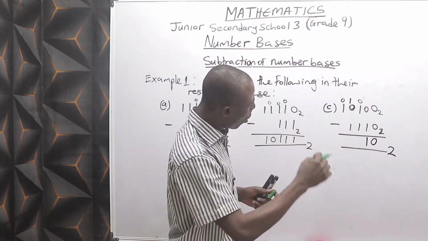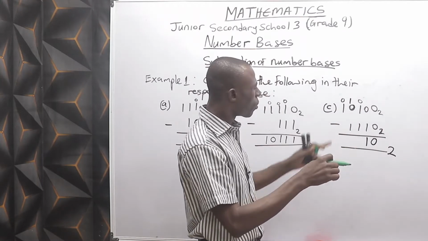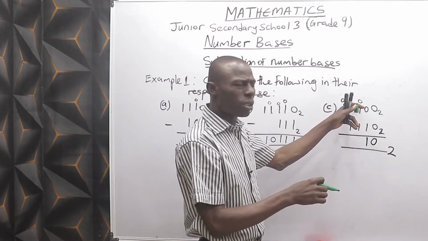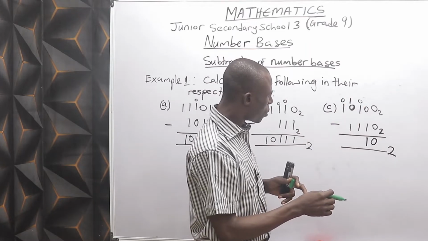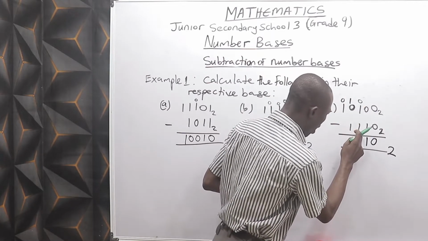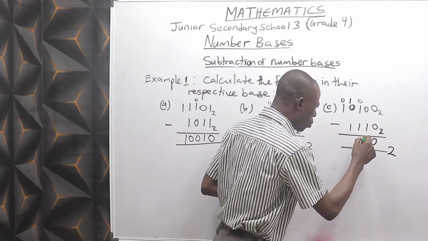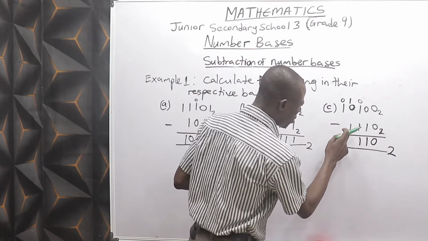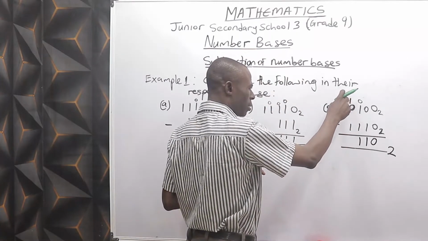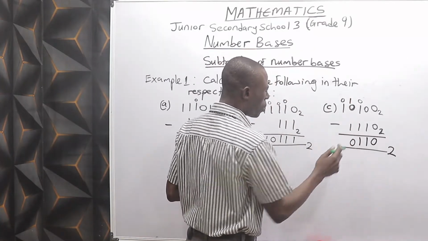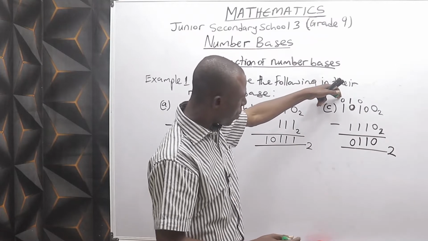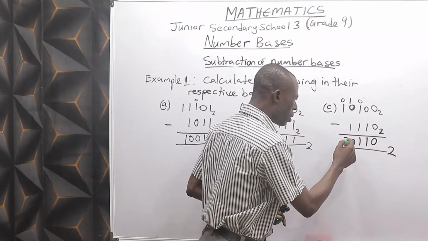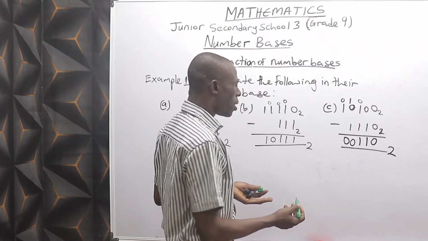The one you borrow from the 2 turns to 2. Add it to this 0, it becomes 2. Now subtract 1 from the 2, it gives you 1. Are you following? Subtract 1 from this 1, it gives you 0. This already remains 0, so if you put the 0, it doesn't make any difference.